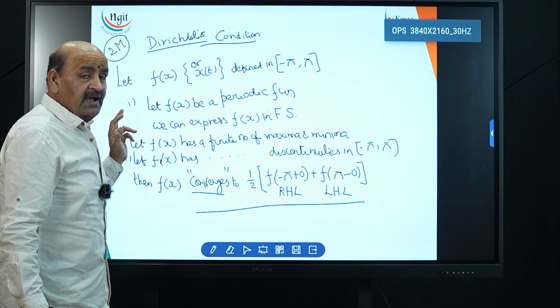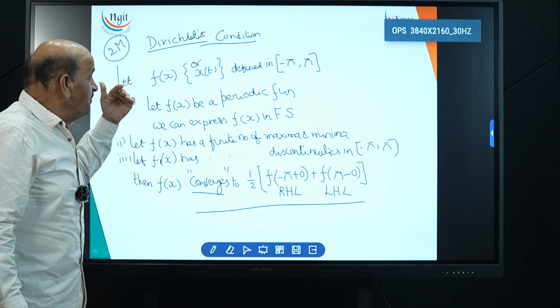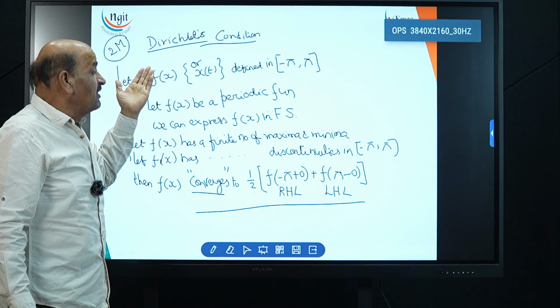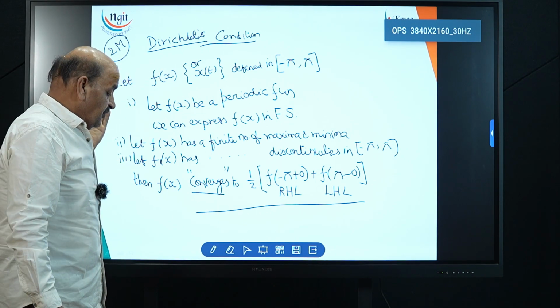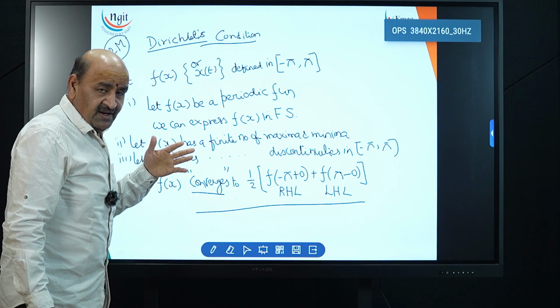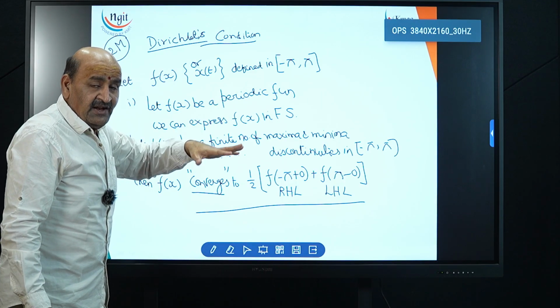So before entering into the concept of Fourier integral, we have to begin our discussions with the first concept, that is called Dirichlet's condition. Again I am repeating, let f of x be a function or signal defined in the closed interval minus pi to pi.